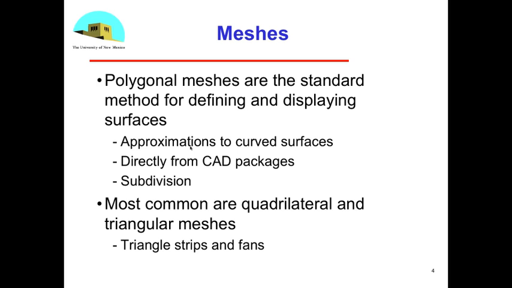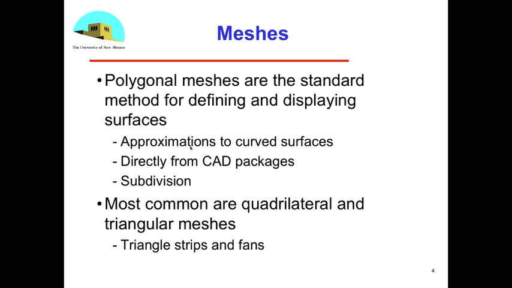Now, commonly, partly because of how graphic systems work, we're going to mostly be interested in quadrilateral and triangular meshes. Obviously, if you have a quadrilateral mesh, knowing that each of those quadrilaterals can be converted into two triangles, they're effectively the same.